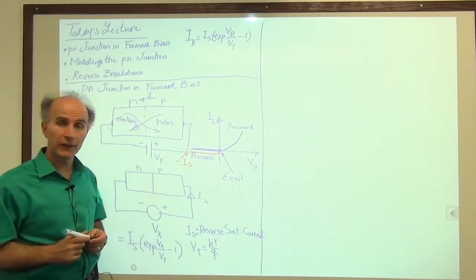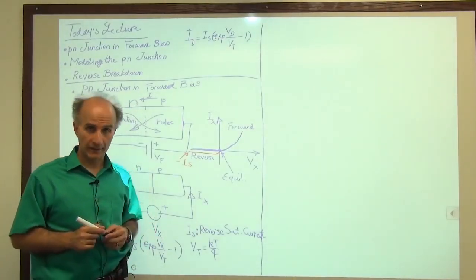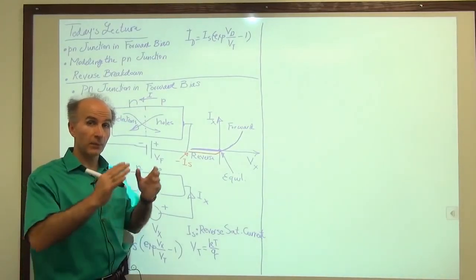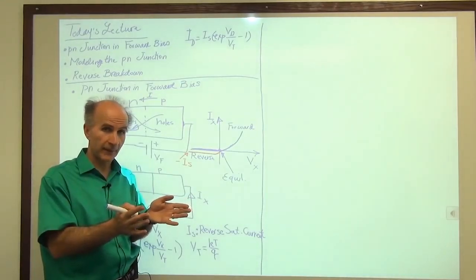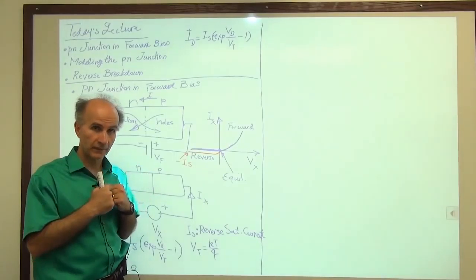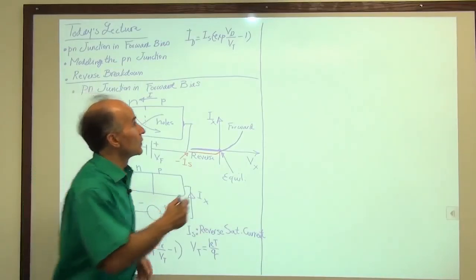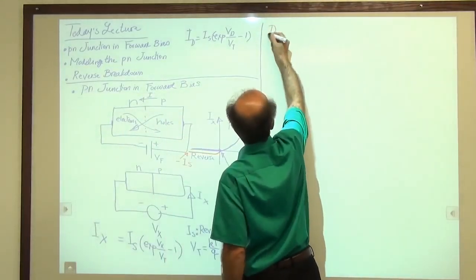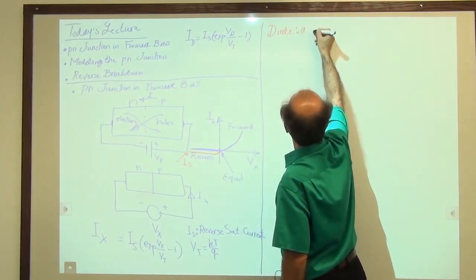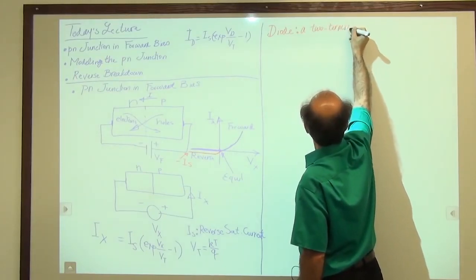Now let me introduce one term that we will be using from now on. If we have a device that carries a current for, let's say, positive voltages across it, and doesn't carry a current for negative voltages across it, that device is also called a diode. So, a diode is defined as a two-terminal device, just like a resistor, except that it's a very strange resistor.